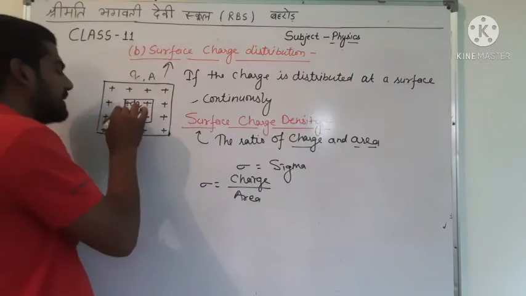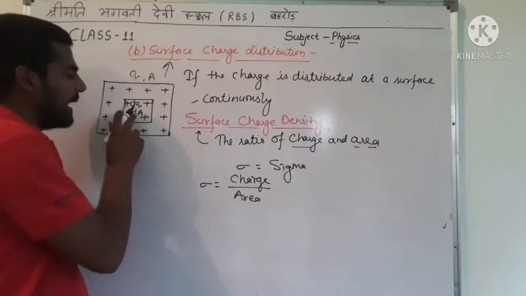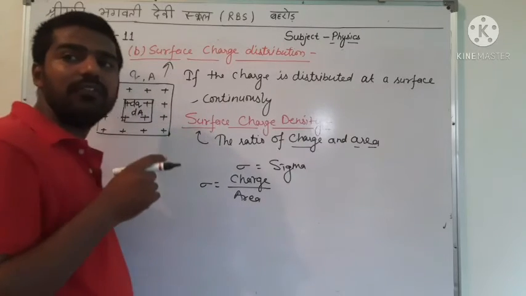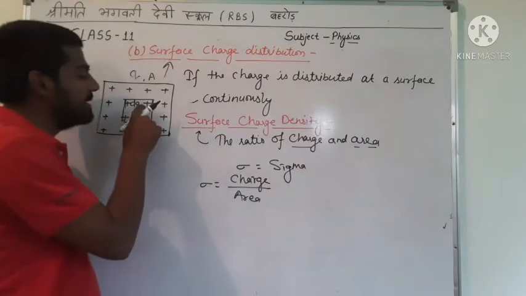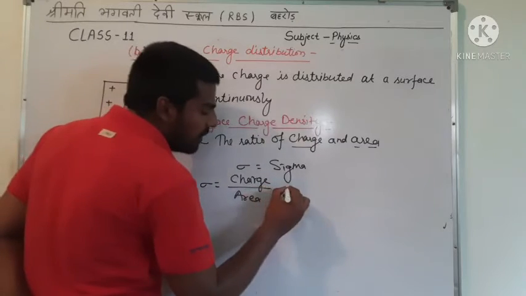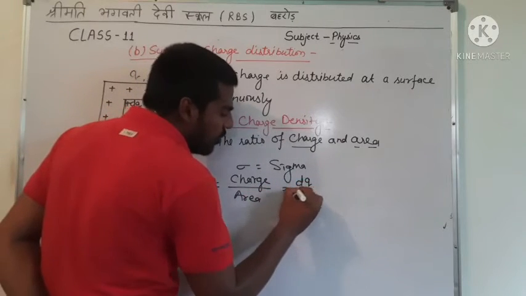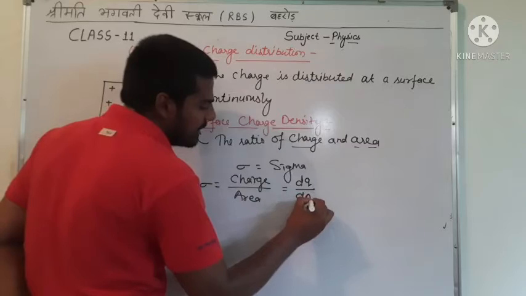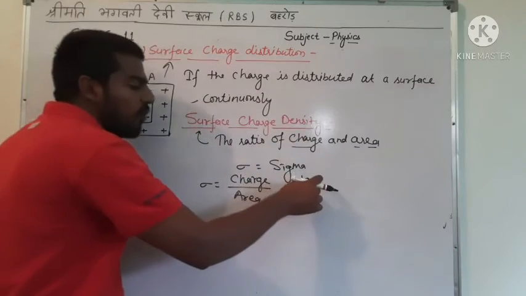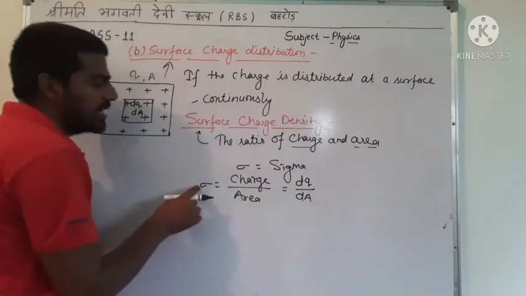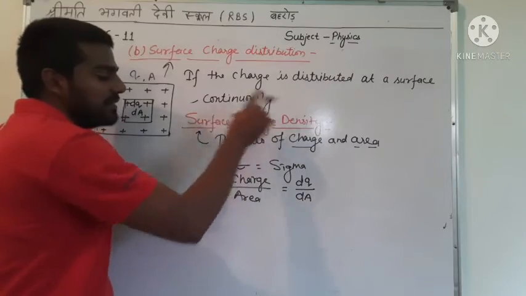Here we consider a small area dA, and the charge available in the small area is dq. Then the ratio of charge and area is called sigma, surface charge density.